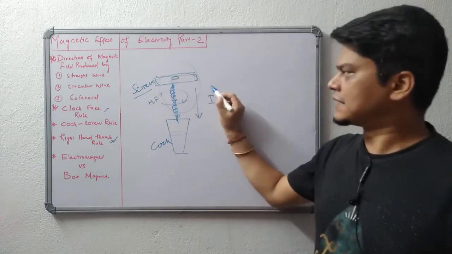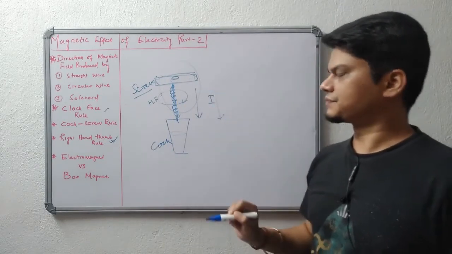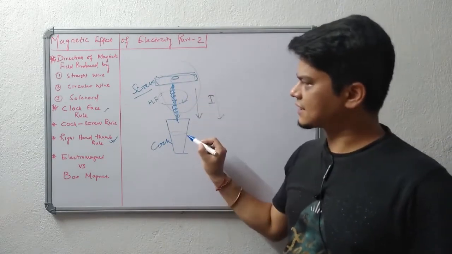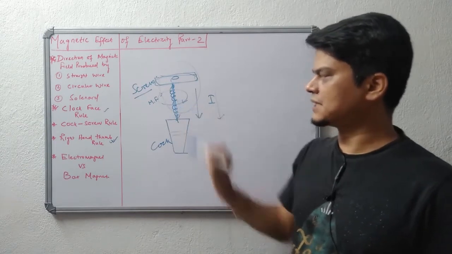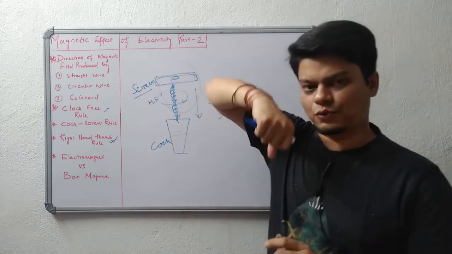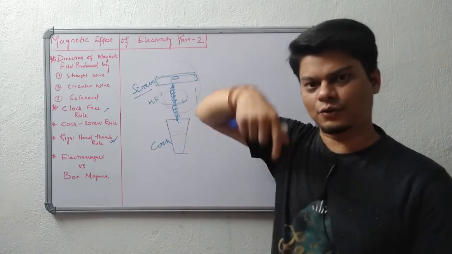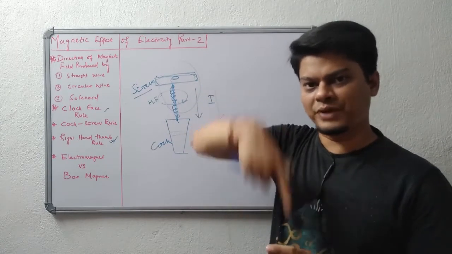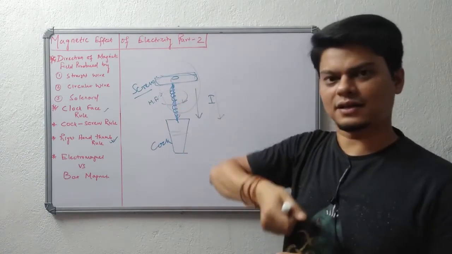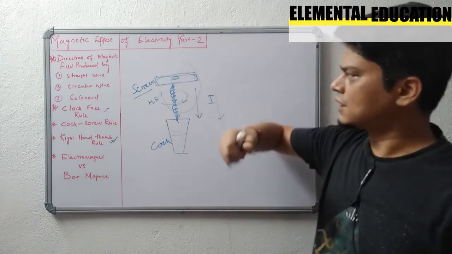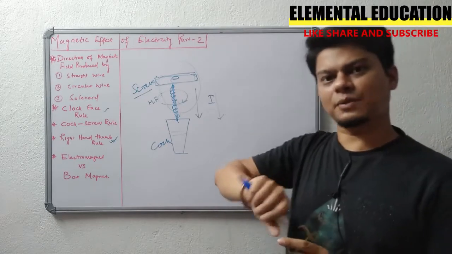Now what corkscrew rule says, if this is the direction of current, then the magnetic field is in this direction. That means, suppose we are going down to pierce that cork. To pierce that cork, we are rotating the corkscrew. So the way we are rotating the corkscrew is the magnetic field.